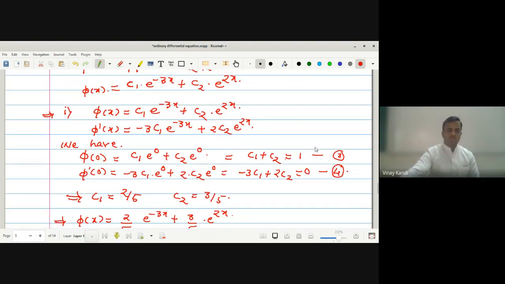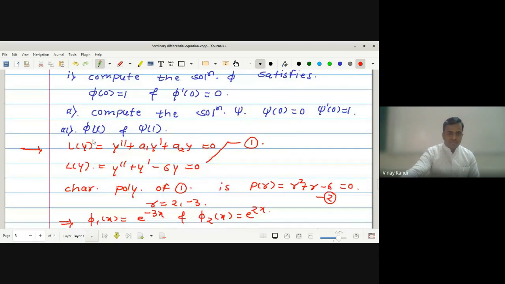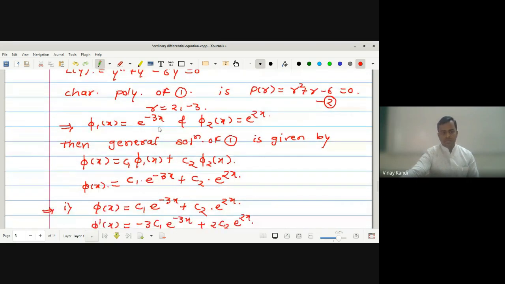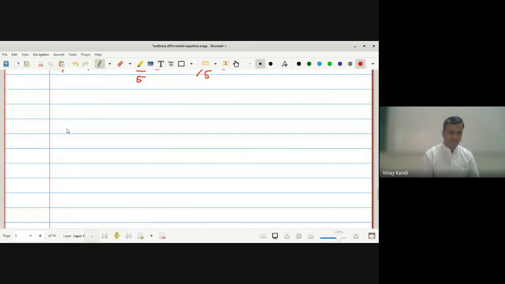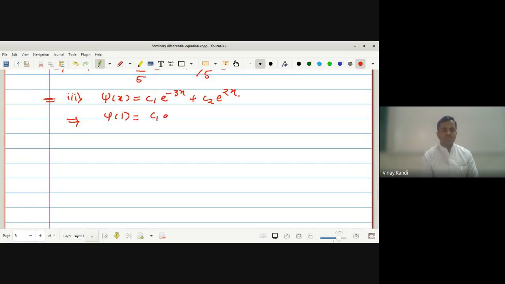No, sir. Now the third one is find phi of 1 and psi of 1. Okay, third part. We have psi of x is equal to c1 e raised to minus 3x plus c2 e raised to 2x, which implies that psi of 1 is equal to c1 e raised to minus 3 plus c2 e raised to 2.